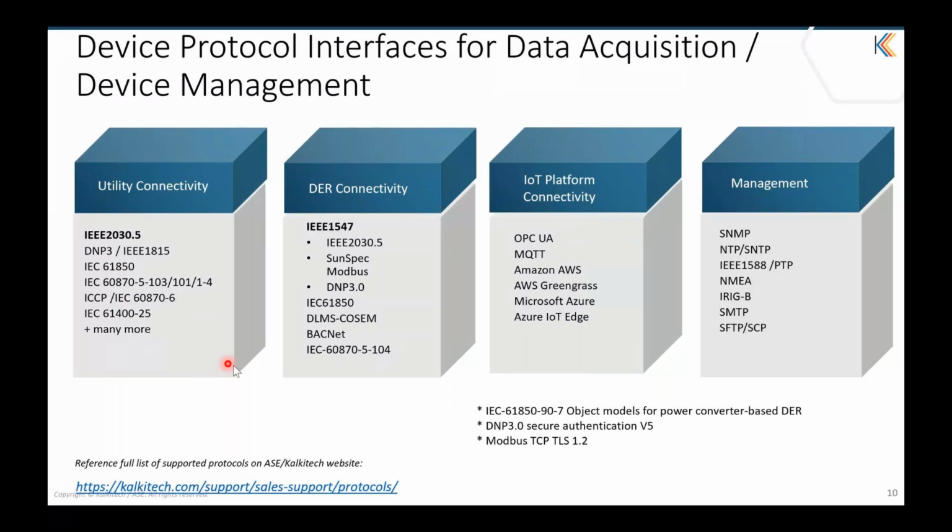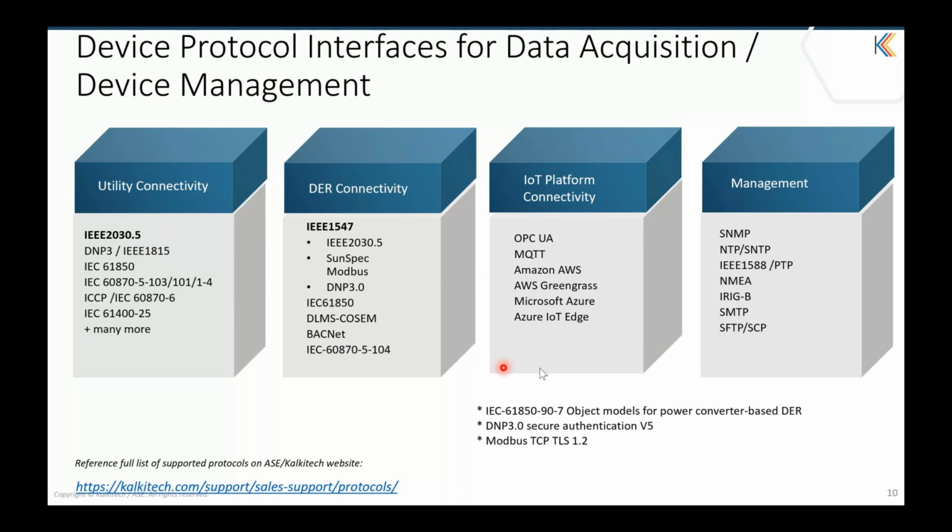On the downstream for DER connectivity, it supports all the standard protocols defined in the IEEE 1547 standard, which is 2030.5, SunSpec Modbus or DNP3. It can also integrate with equipment on IEC 61850, especially the IEC 61850-7-420 model can be utilized to integrate with their assets, and a few other protocols to integrate with the meters like DLMS, COSEM, BACnet, all supported in the gateway as well as in the aggregator.